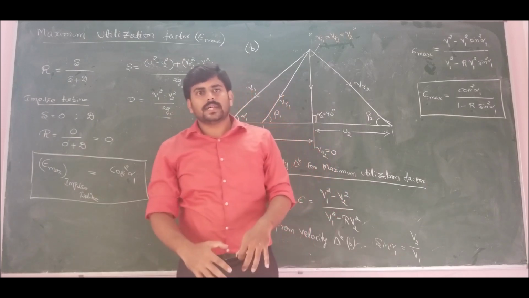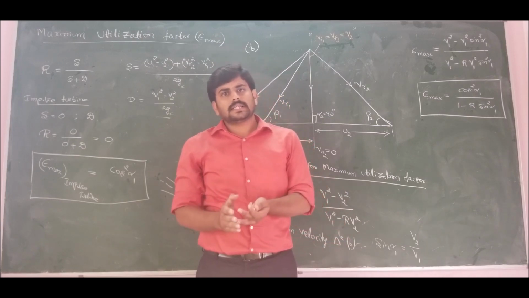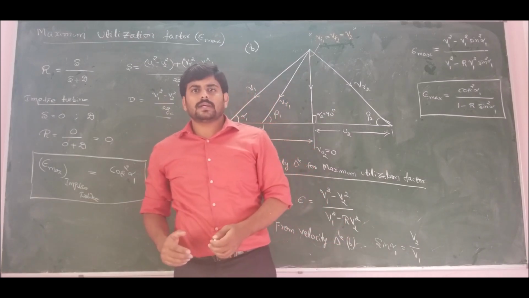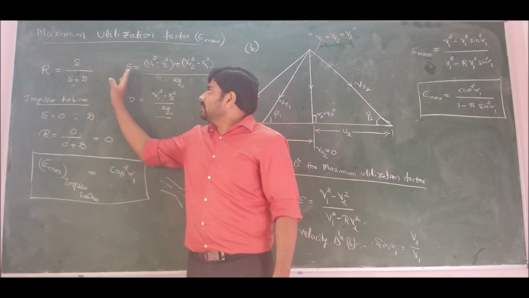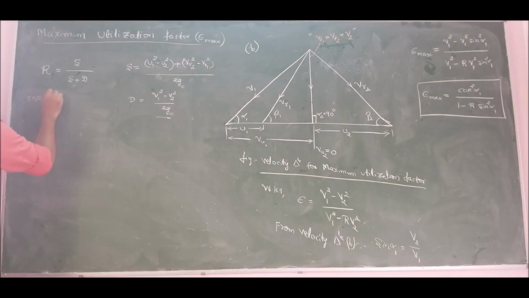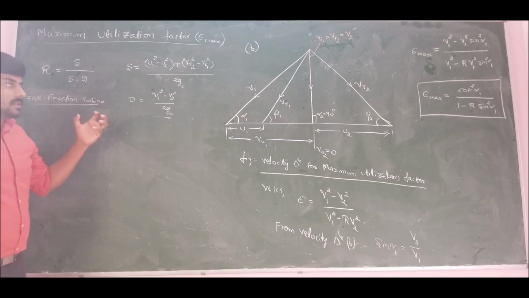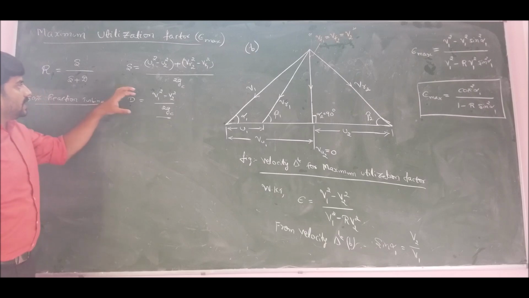Let us assume that the energy transfer from the static component is equal to the energy transfer from the dynamic component. Let us equate S equal to D. Then the degree of reaction will become the amount of energy transferred by the static component divided by the total.